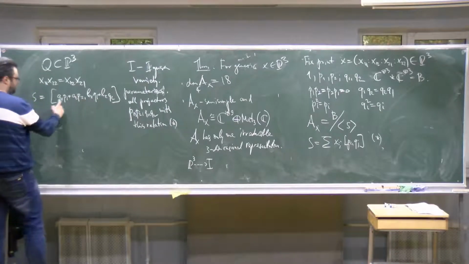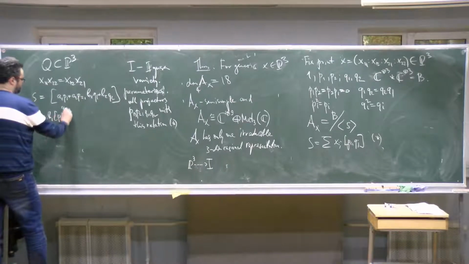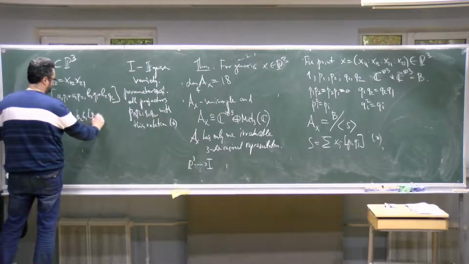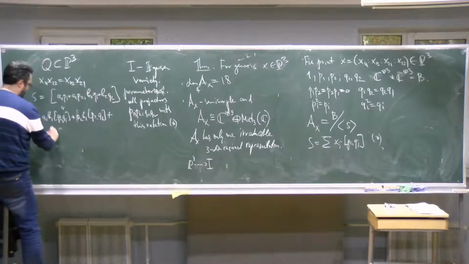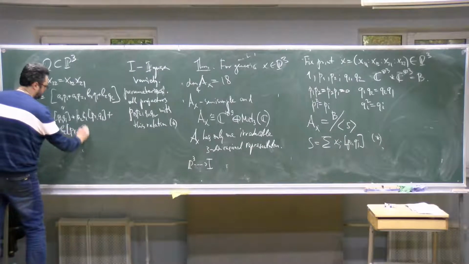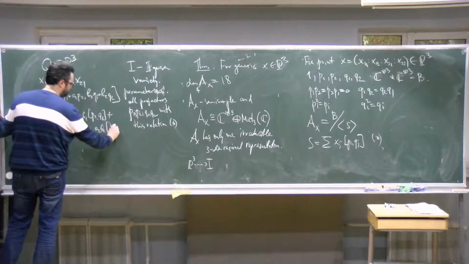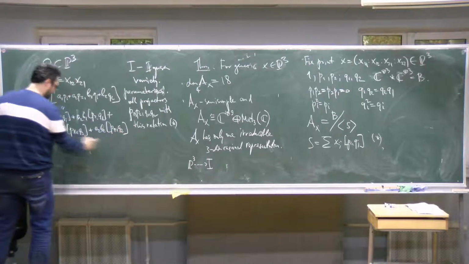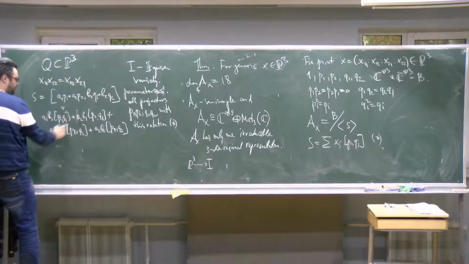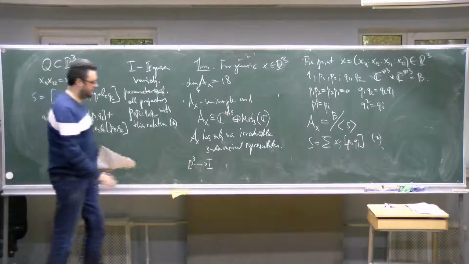One can check that P1, Q2 and P2, Q2 are such that the product of this is equal to the product of this. So what does it mean in this case?